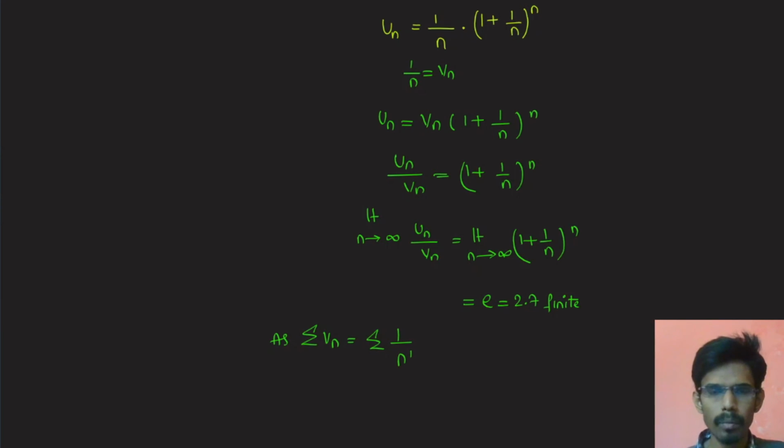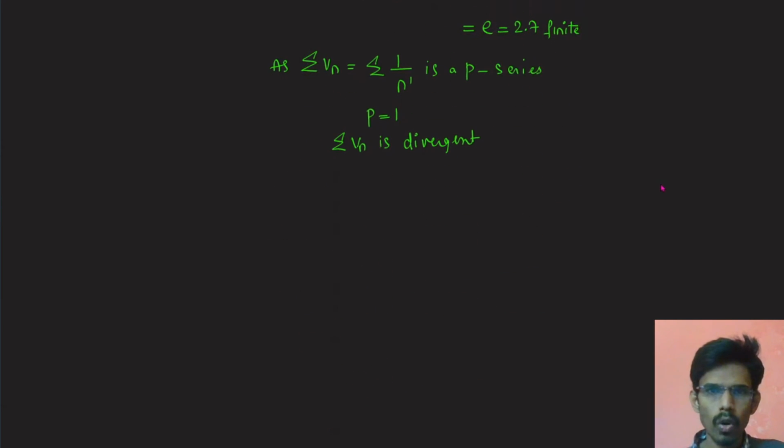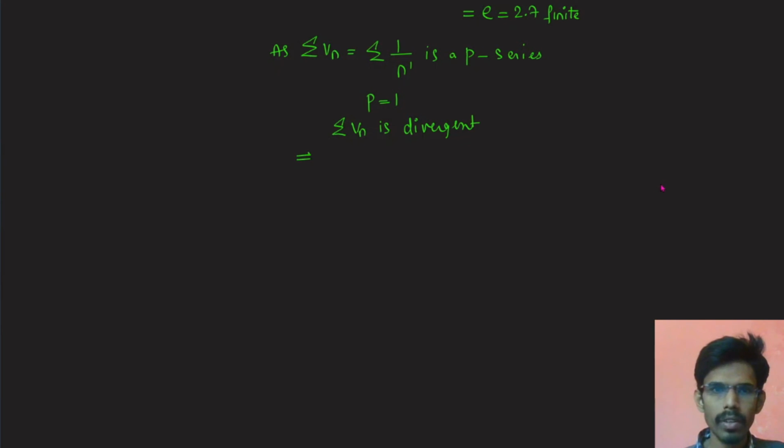Vn is 1 by n, which is a p-series with p value 1. When p is 1, sigma Vn is divergent. Since sigma Vn is divergent, automatically Un will become divergent.